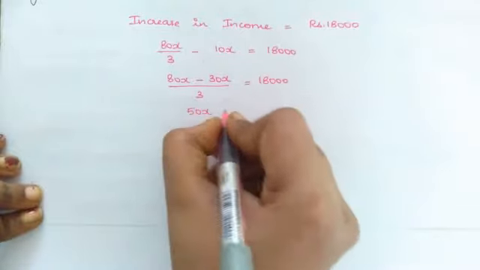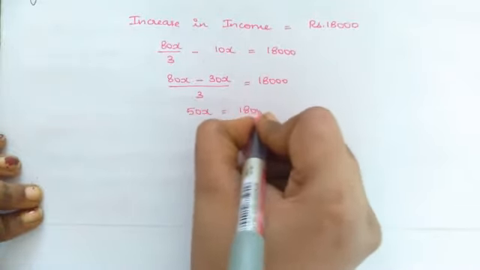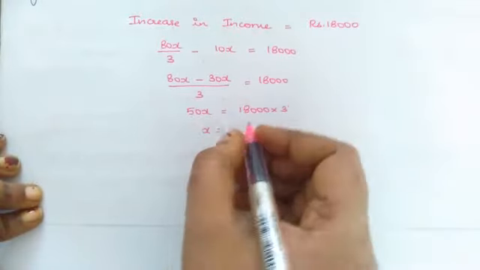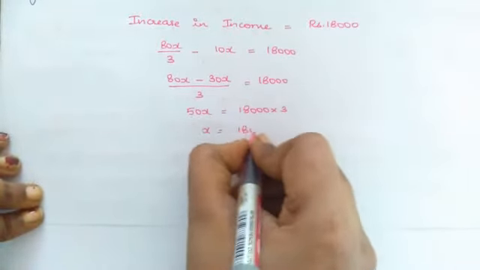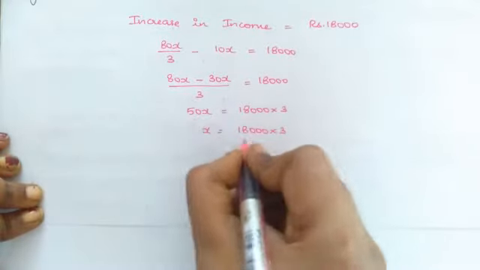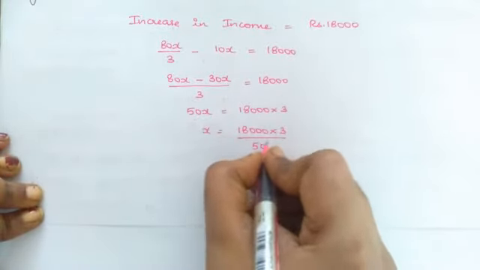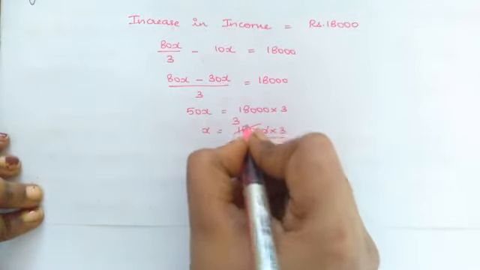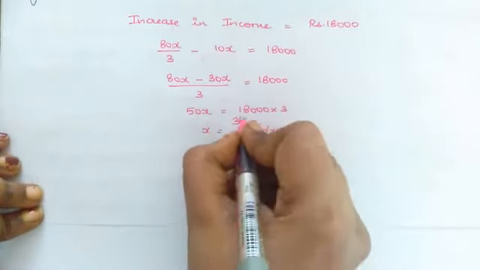The 3, let's take it to that side, it goes as multiplication. So 18,000 into 3. Now let's have x here. Let's bring 50 to this side, it comes as division. So 18,000 into 3 by 50, zeros get cancelled. 5 ones are 5, 5 threes are 15, 5 sixes are 30 and a 0.